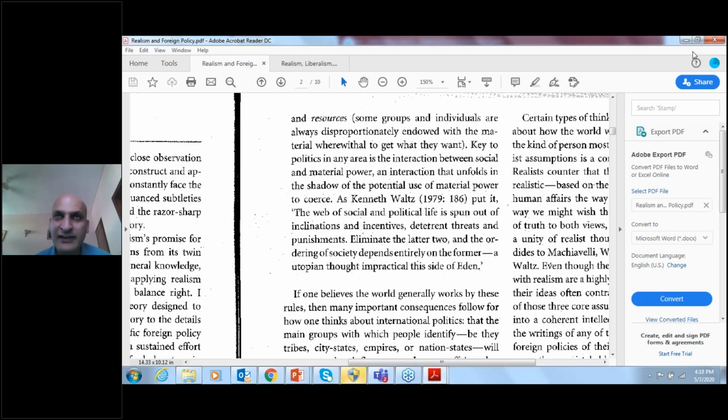There's a specific term in realism which is called balancing. You balance out the other by increasing your allies. You can also do something called internal balancing. What I just described was external balancing. Internal balancing is that the country tries to build up its internal resources in order to balance external threats.